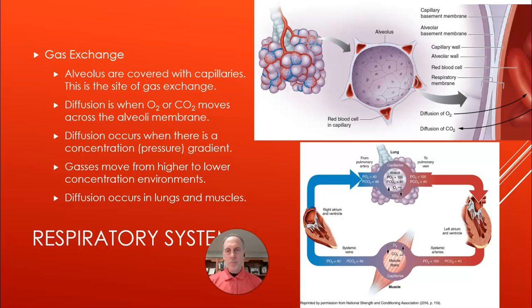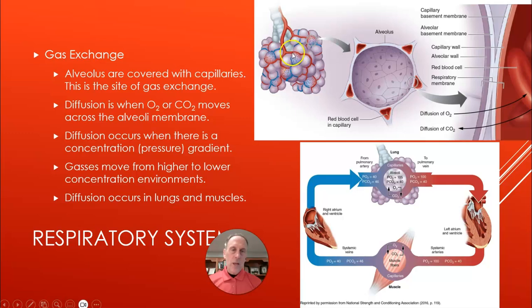Gas exchange. The alveoli, or alveolus, are covered with capillaries. These capillaries allow for the oxygen exchange. You have a red line and a blue line here, and you can see the difference right across the little bulbs.